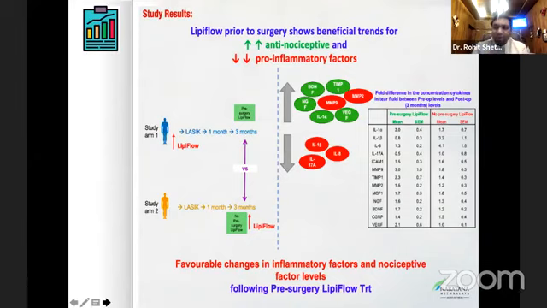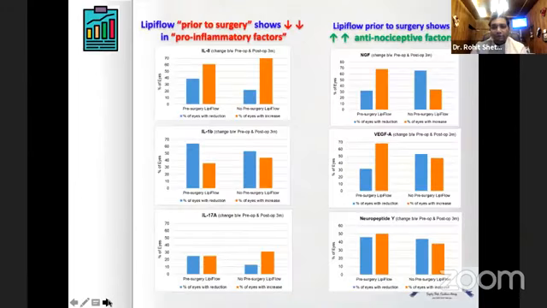So that is definitely a favorable way of treating it prior. All your inflammatory markers also become completely different, and you are reducing them before the surgery itself, which gives a very comfortable post-operative period for this patient.